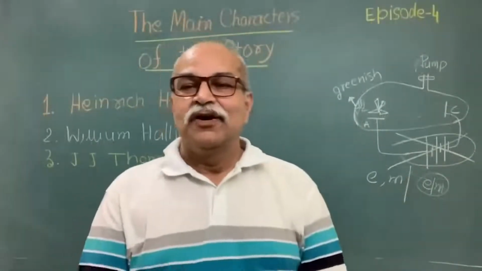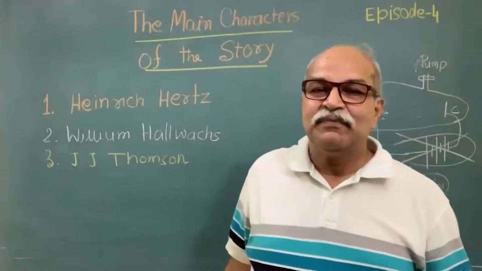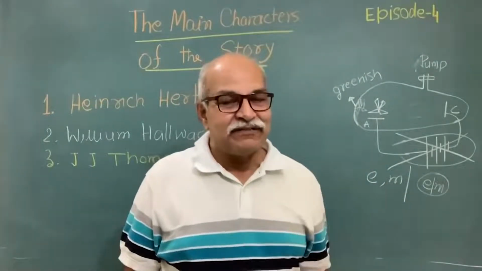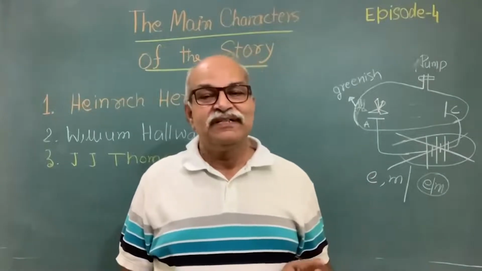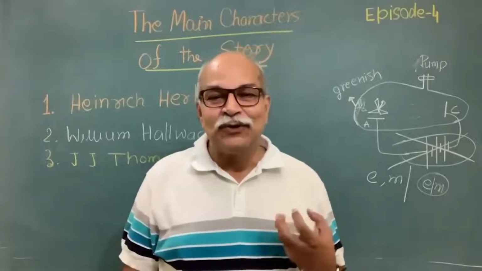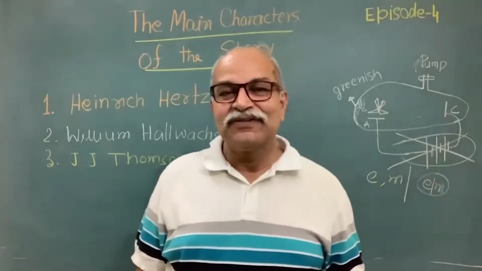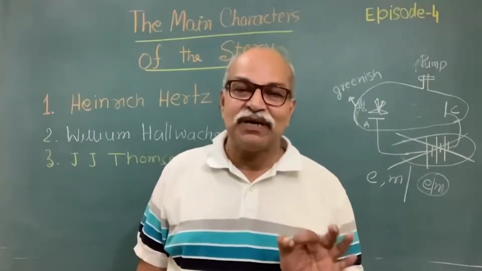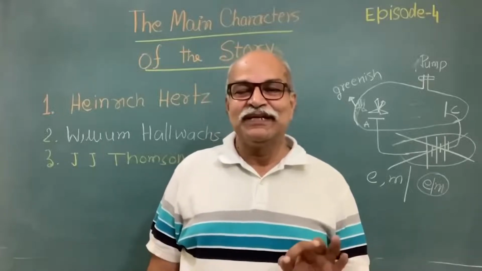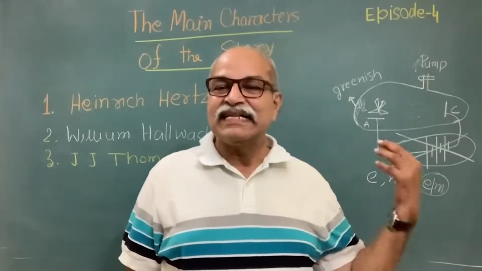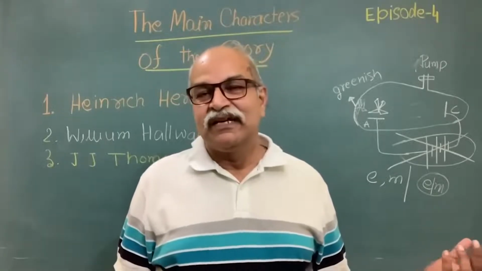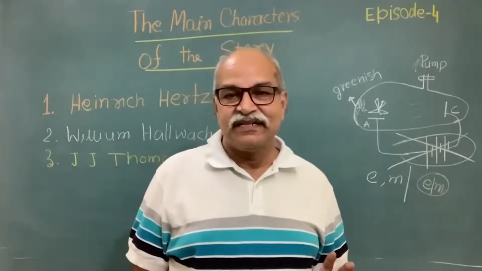Okay, so these experiments that I have described by Thomson were performed in the year 1899, two years after the so-called discovery of electrons, where he showed that cathode rays, which were known for a very long time, are nothing but streams of particles having a certain charge and a certain mass, and the ratio e/m or m/e that he calculated in his 1897 paper, in a very carefully designed experiment.